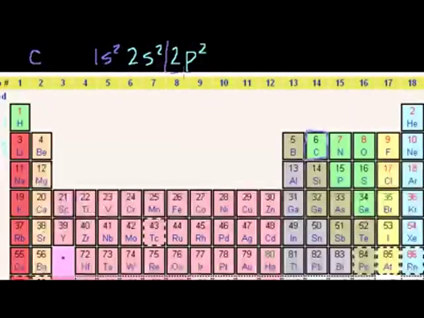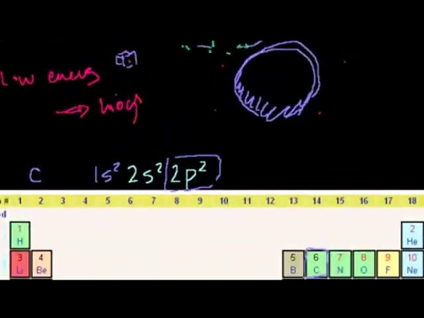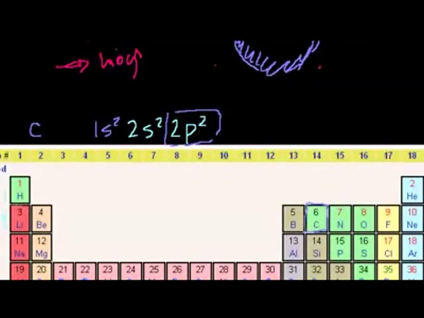So the question is, what would this look like if we just wanted to visualize the p orbitals right here? So we have 2 electrons. So one electron is going to be in the, let's say, I'll try to draw some axes.